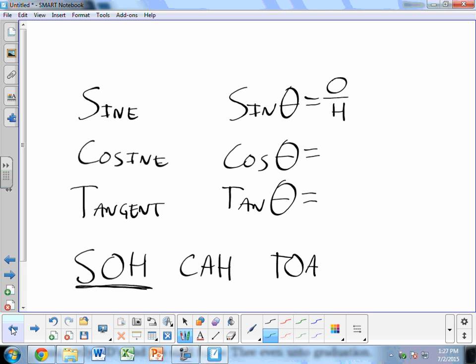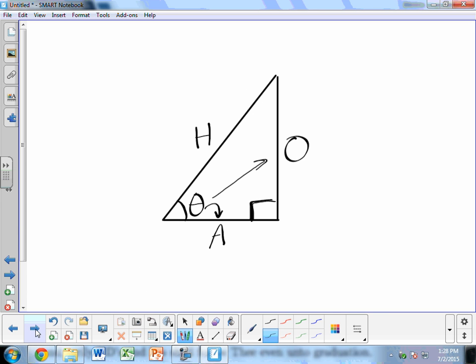Using this knowledge, we're going to go back here. Based on SOHCAHTOA, the sine of theta is the opposite over the hypotenuse. The cosine is the adjacent over the hypotenuse. And the tangent is the opposite over adjacent. So let's go back to this picture, and let's use some color, just because color is more fun.